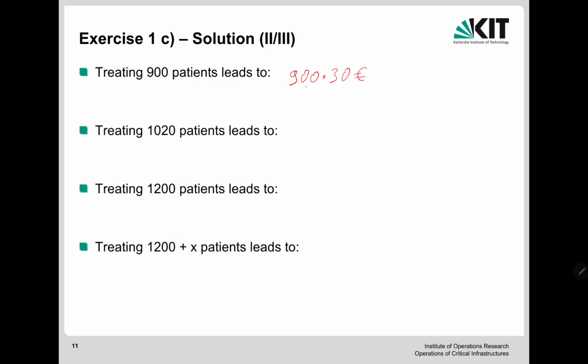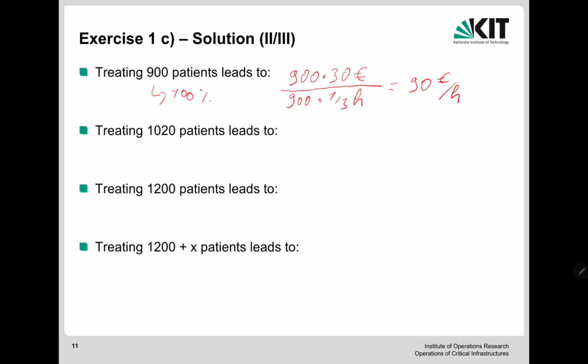But we want it per hour, which means we have to divide by 900 and multiply by 1/3 of an hour. If we treat 900 patients, that leads to 90 euros per hour. So here we get 100% of the case value.